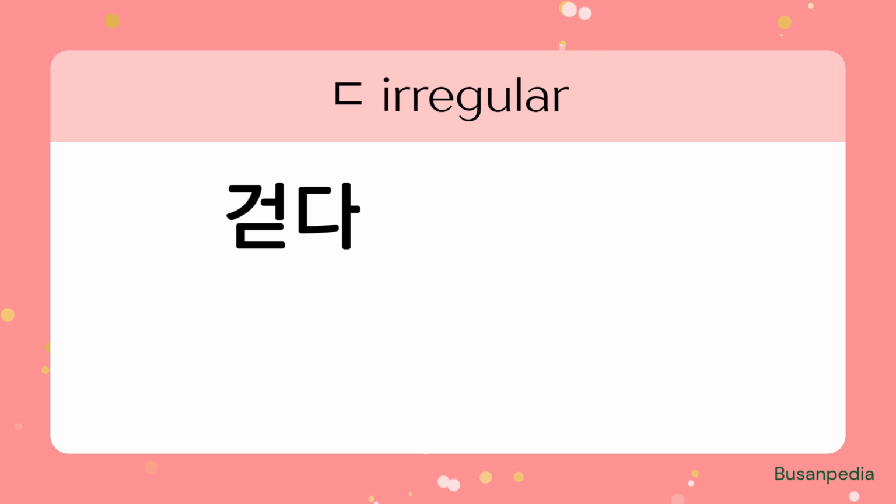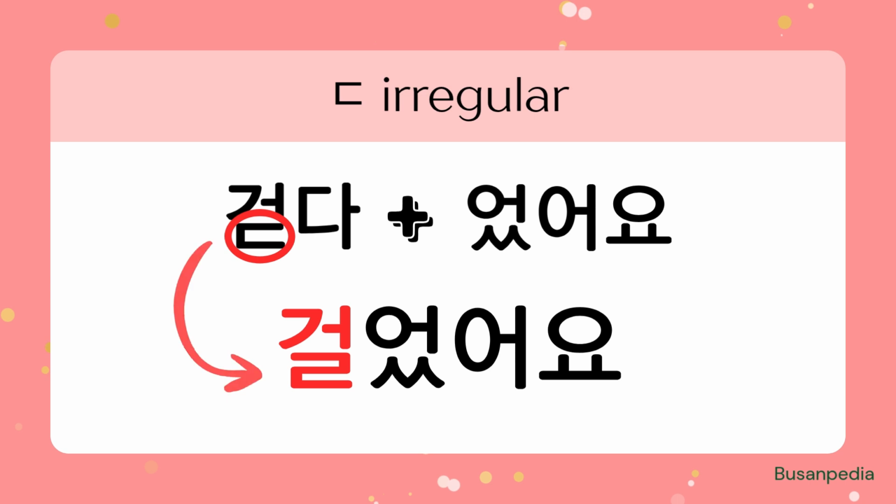First, let's talk about ㄷ (digeut) irregular verbs in the past tense. Normally, if a verb stem ends in ㄷ, that ㄷ changes to ㄹ when you add a vowel. For example, 걷다, which means to walk, becomes 걸었어요 in the past tense.